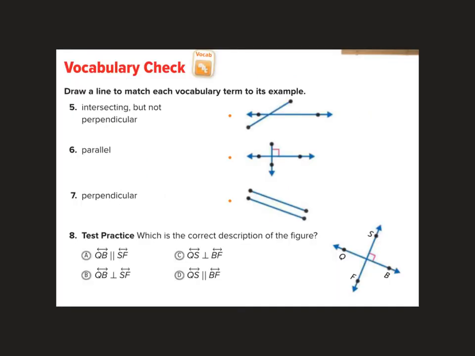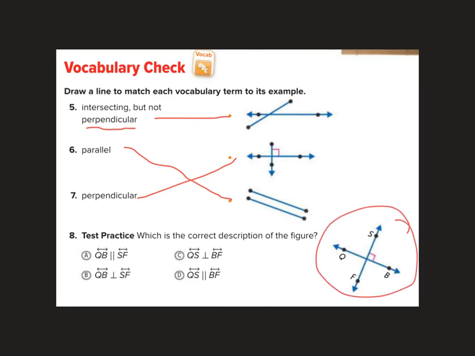And lastly, vocabulary check. Draw a line to match each vocabulary term to its example. Intersecting but not perpendicular would be this one. Parallel lines are these. Perpendicular lines are these. Which is the correct description of the figure? This figure, okay, I hope they tricked us. We know these are perpendicular, right?